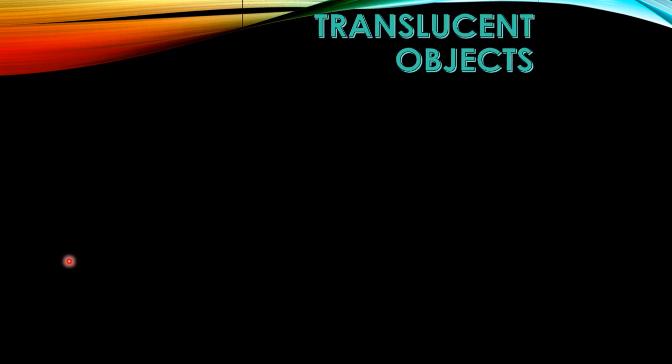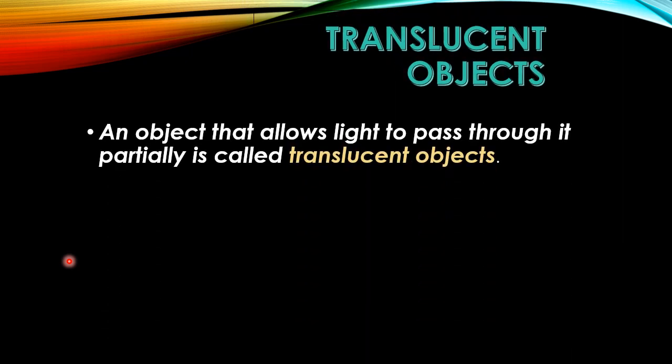So next is our translucent objects. An object that allows light to pass through it but partially is called translucent object. Means any object that you can see but partially. Partially means not clearly.